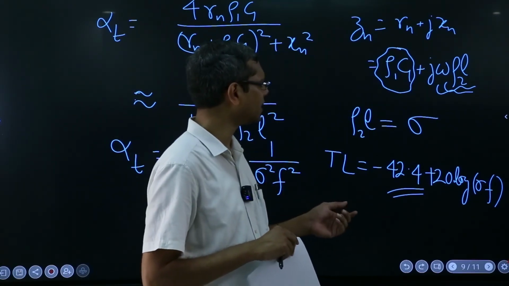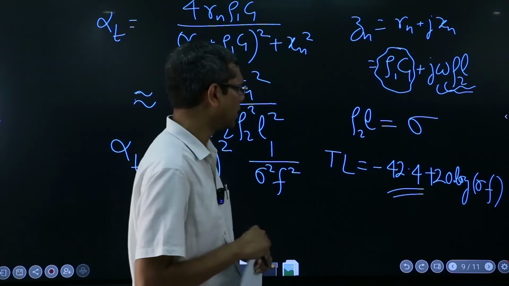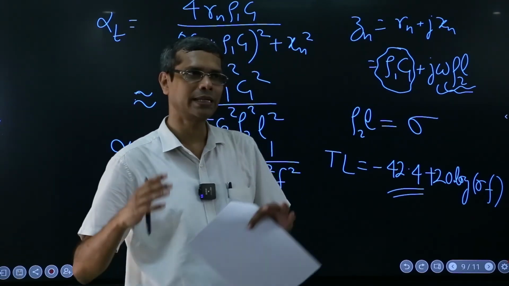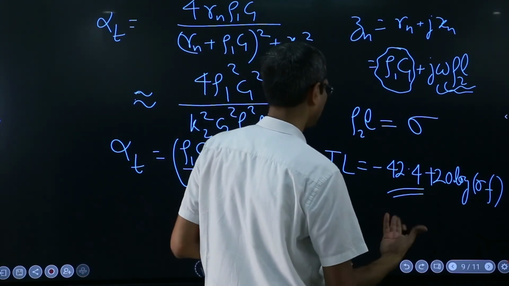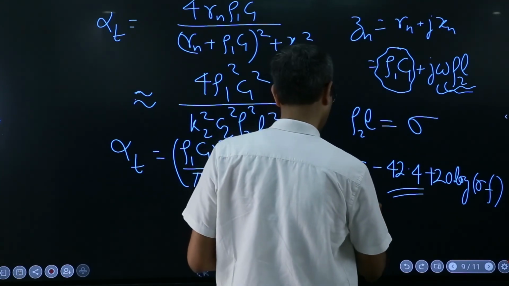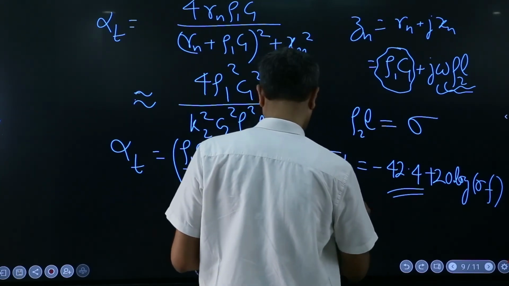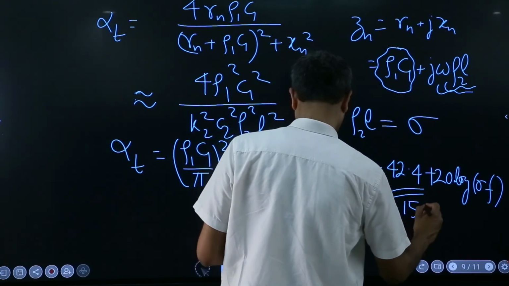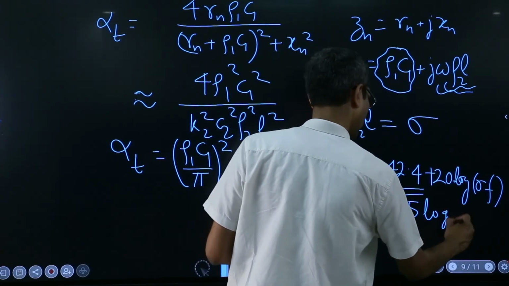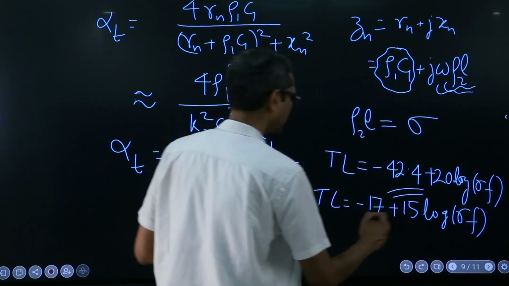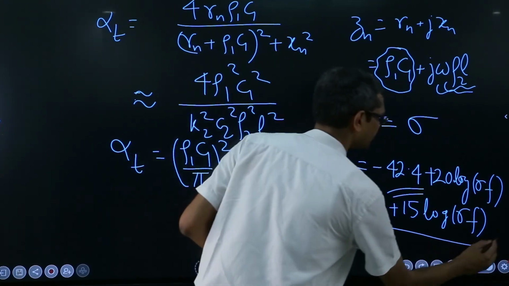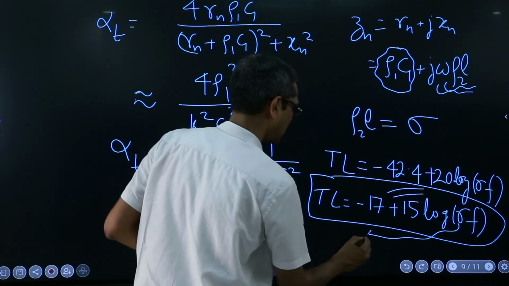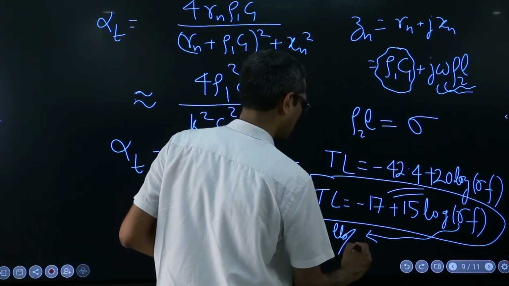So for that a thumb rule or an experimentally evaluated empirical formula can be used, which is like this: minus 17 plus 15 log of sigma f, but this one is for sigma in pounds per feet square.